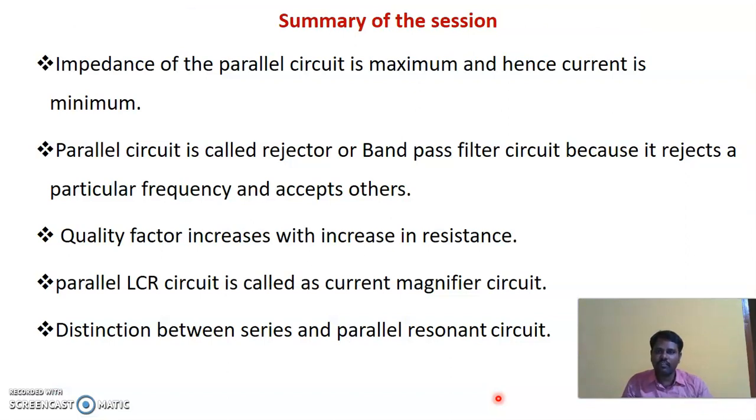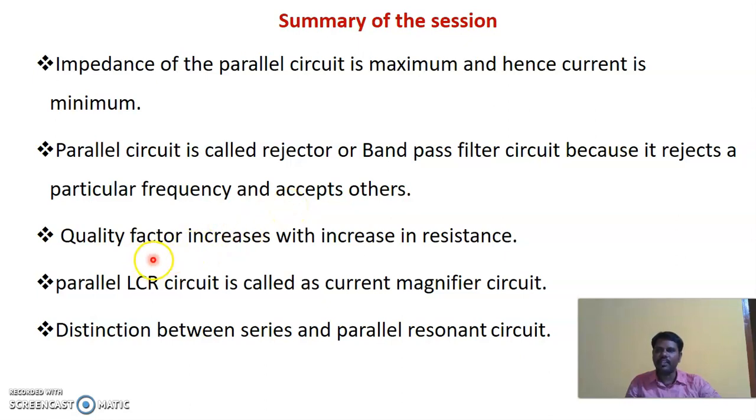So in this session we learned that in a parallel resonant circuit the impedance is maximum and hence the current is minimum. The parallel circuit is called a rejector or band pass filter because it rejects a particular frequency and accepts others.